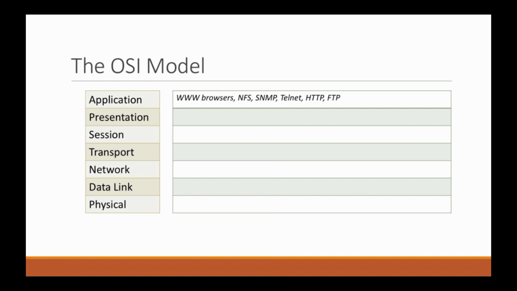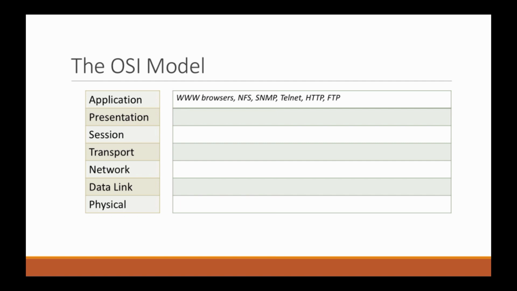So the application layer, which is layer 7. This layer supports the applications and end user processes. Communication partners are identified, quality of service is identified, user authentication and privacy are considered, and any constraints on data syntax are identified as well. Everything at this layer is application specific.